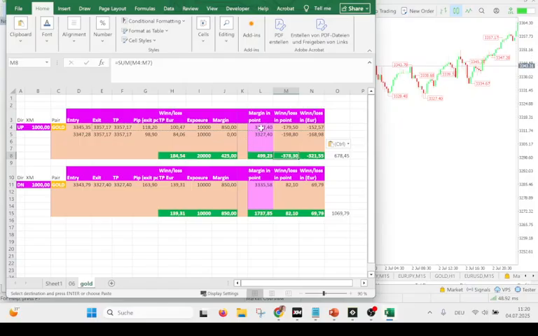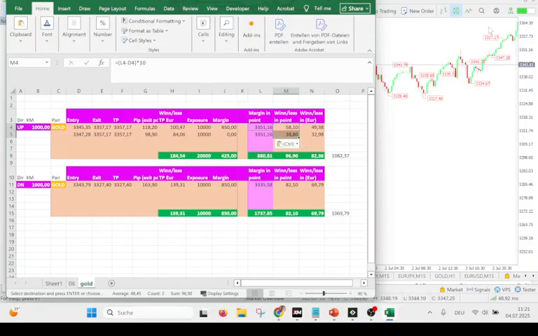And if we look around here, 3351.16, then here, because the price moved upward slowly, both positions are winning.